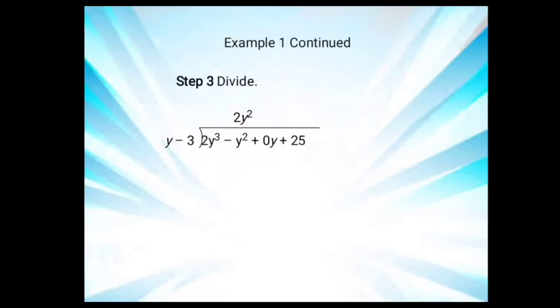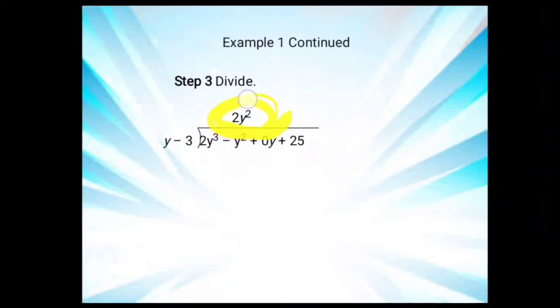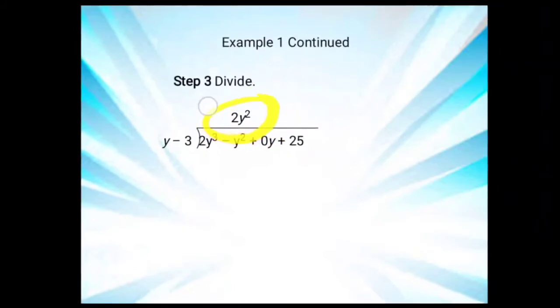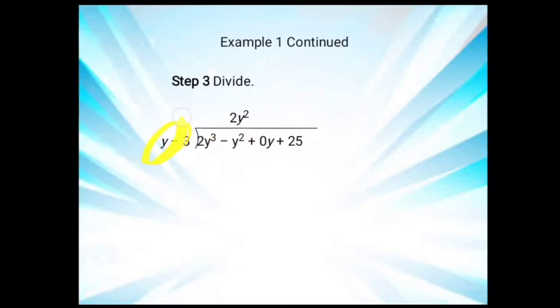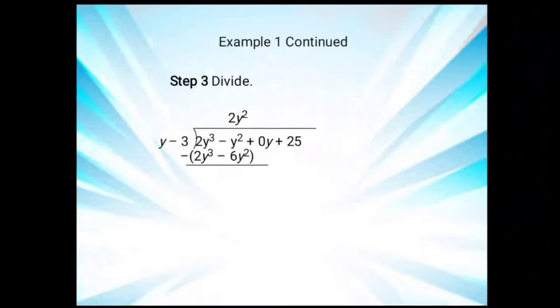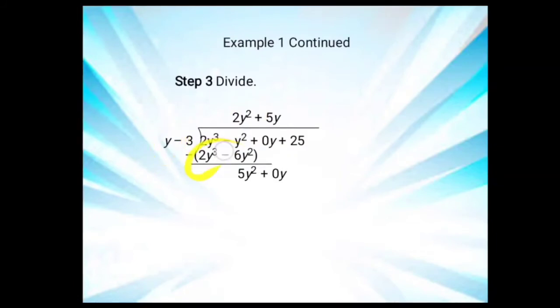After finding the first term, you have to multiply this 2y squared by the divisor. So 2y squared times y is 2y cubed.